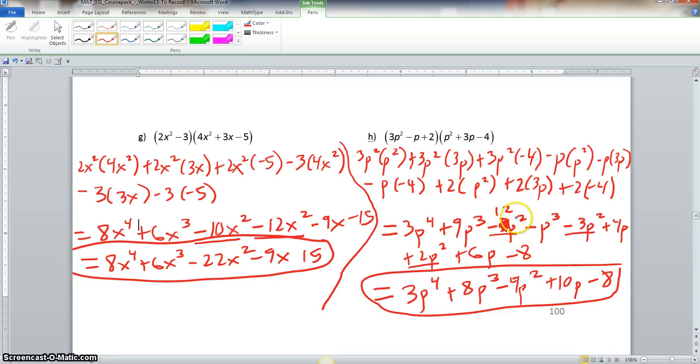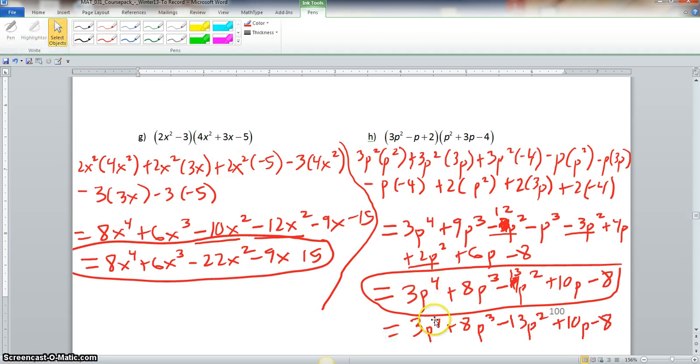Oh, no, a negative 12p squared minus 3p squared is negative 15p squared, plus the 2p squared should have given us a negative 13p squared. So that should have corrected the problem. So our answer should be 3p to the fourth plus 8p to the third minus 13p squared plus 10p minus 8.